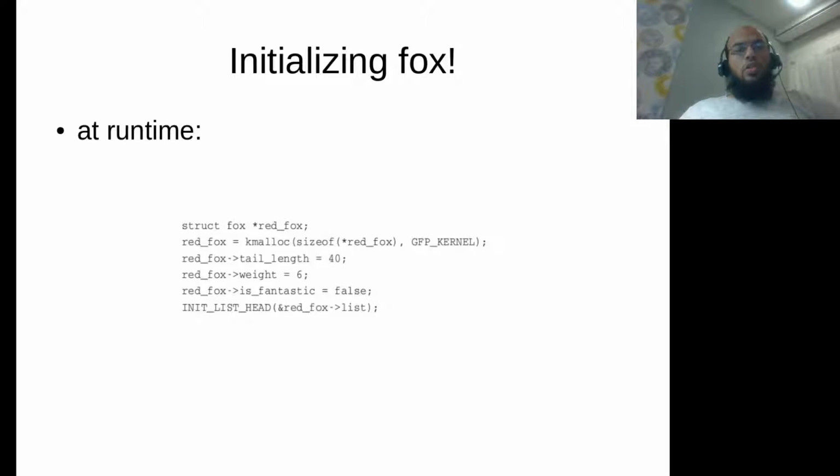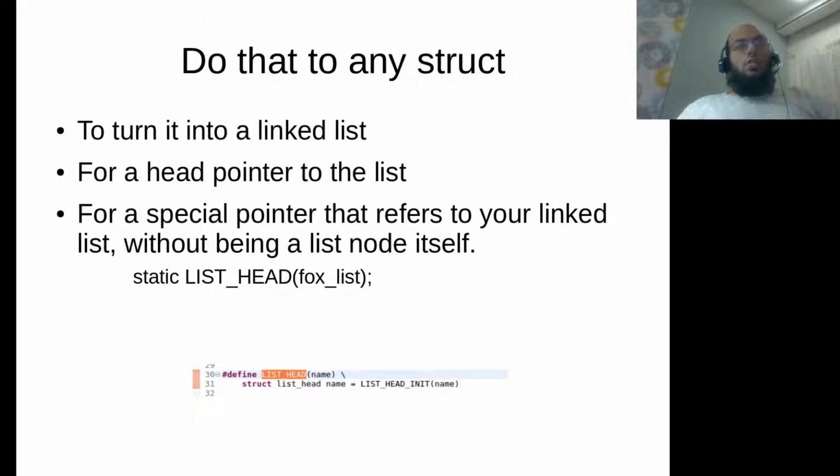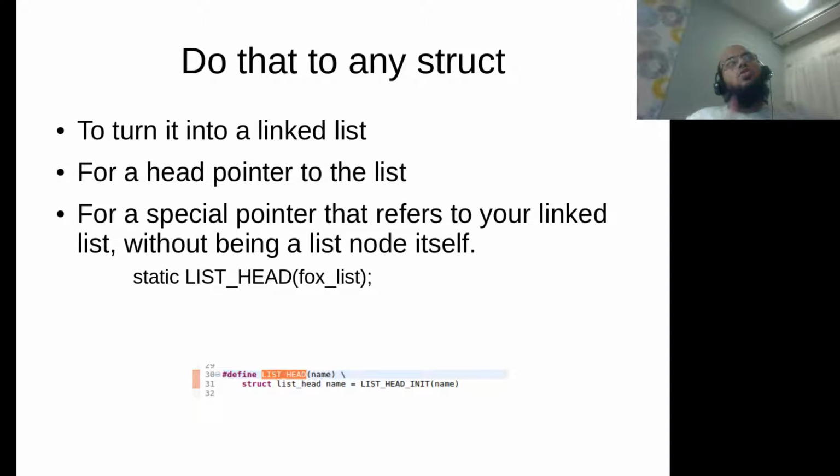There are ways to initialize this if the structure is statically created at compile time and you have a direct reference to it. It's basically initializing a static structure in C. With this abstraction, you can turn any struct into a linked list.